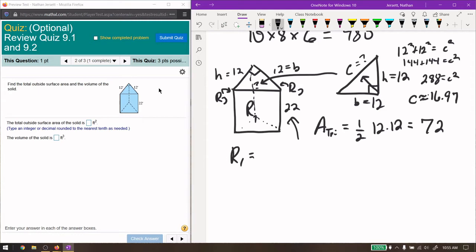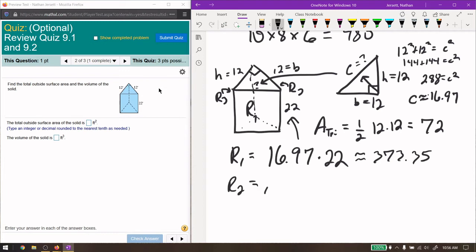Okay, so rectangle 1 has a length of 16.97 and a height of 22. So multiplying those together gives us approximately 373.35. Rectangle 2 is easier. It's a 12 by 22 shape.